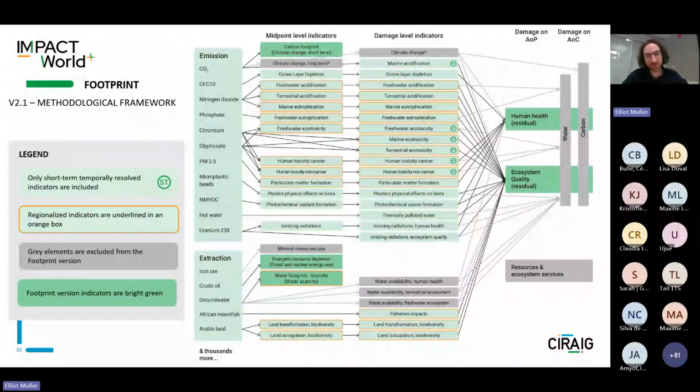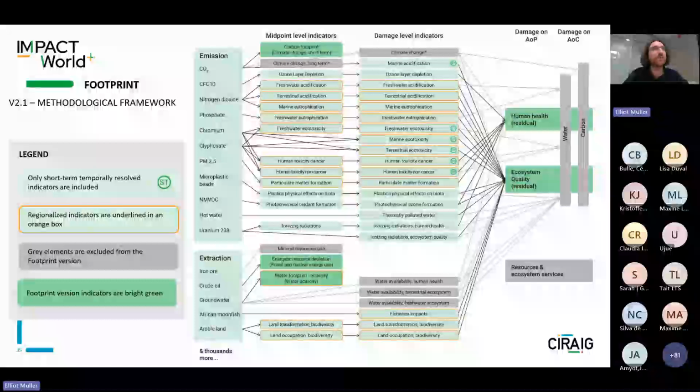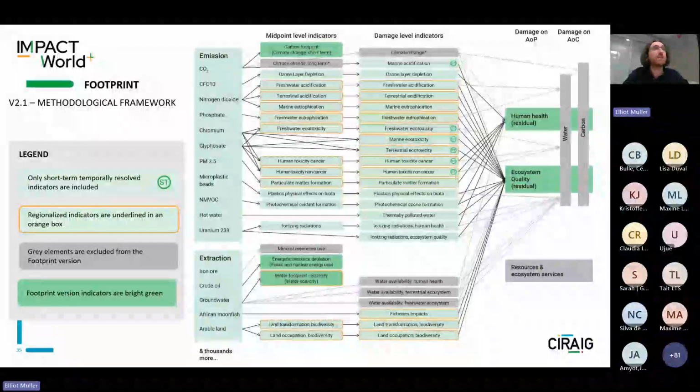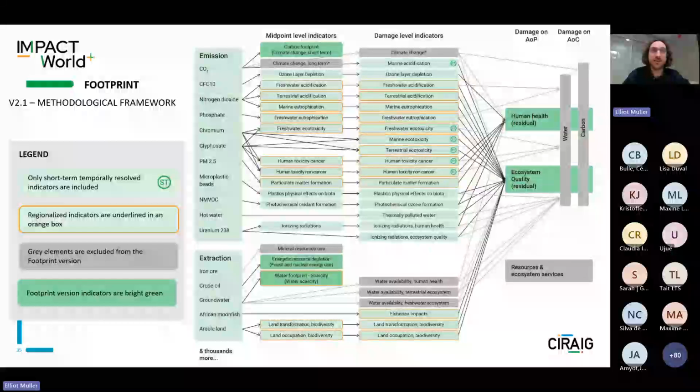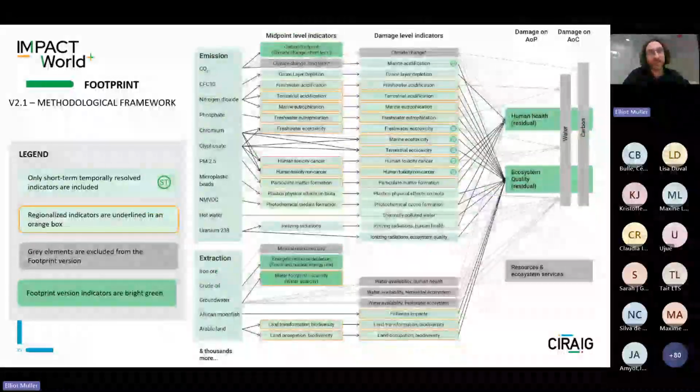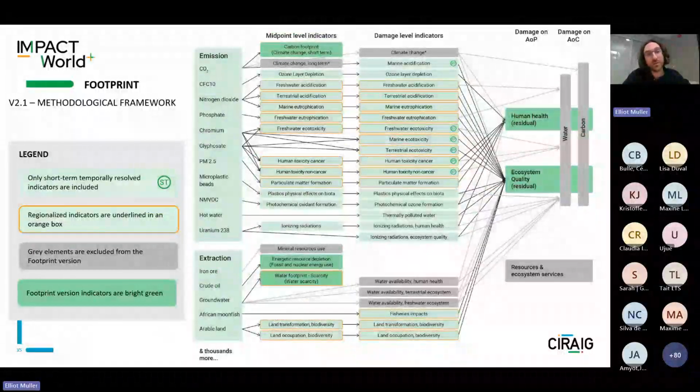We also provide an indicator for water footprint, that is actually the water scarcity footprint, based on the indicator named water scarcity in Impact Plus. And we also provide a third midpoint level indicator, the indicator on fossil and nuclear energy use, that we call the energetic resource depletion in the footprint framework.